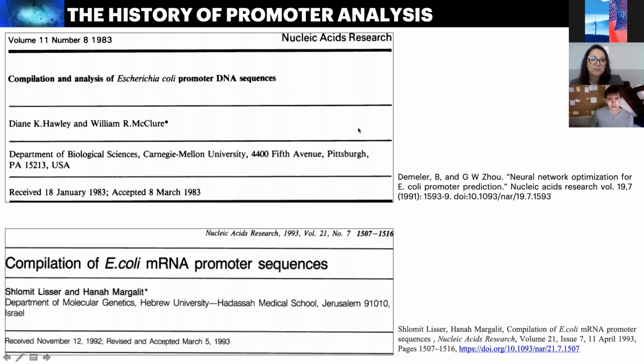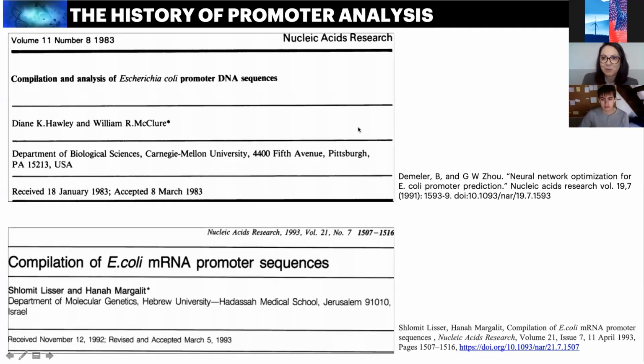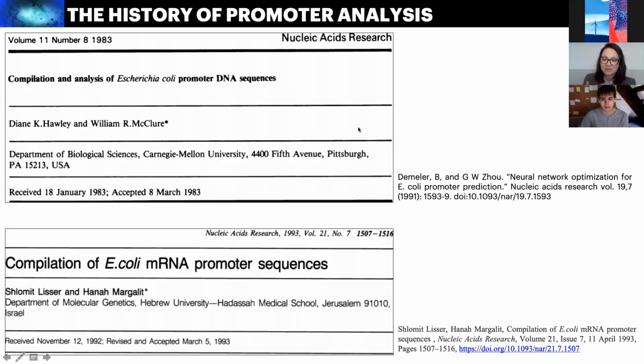The studies of promoter prediction start with two innovative papers that were published, compiling and presenting DNA sequences that were experimentally defined as promoter sequences. The first one in the early 80s, and the last one in the 90s.